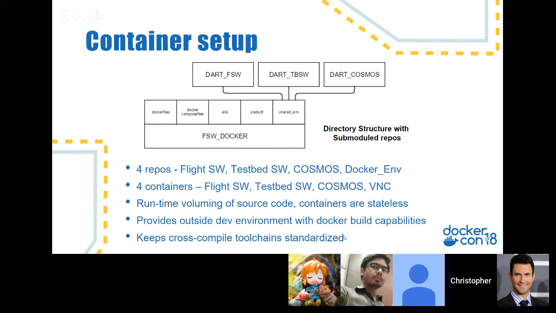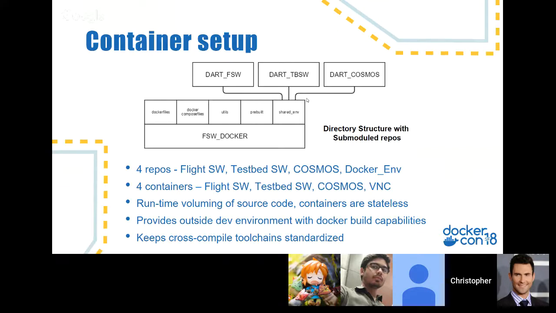So your star tracker and your power units and your temperature sensors, things like that. Cosmos, which is the ground system. And then we have an environment repository. And that environment repository essentially is the glue that holds all of those 3 things together.